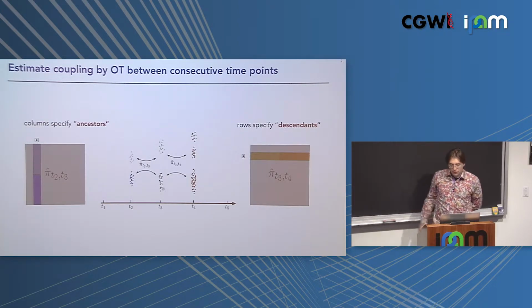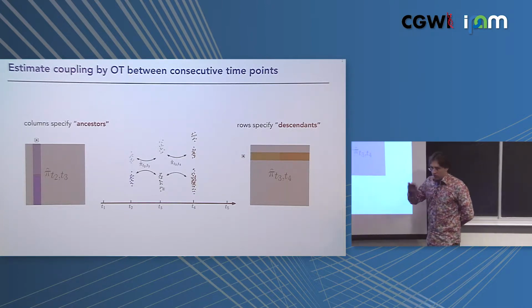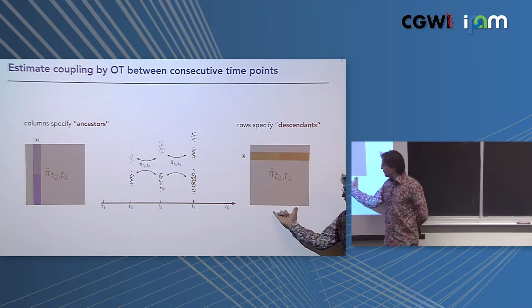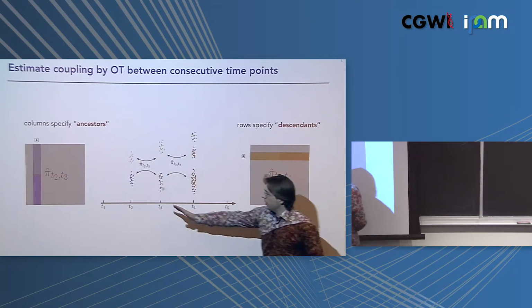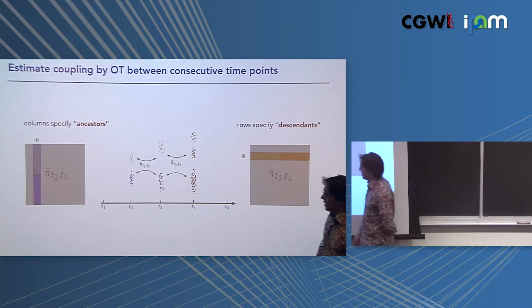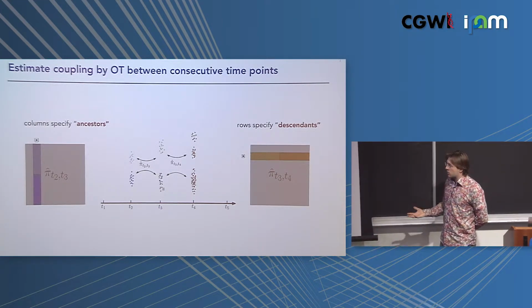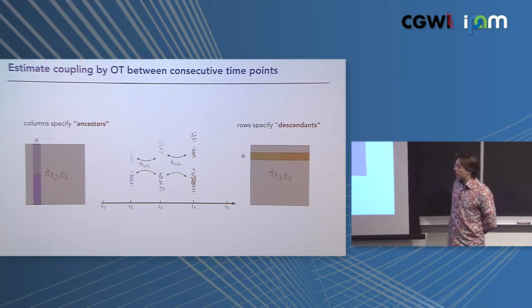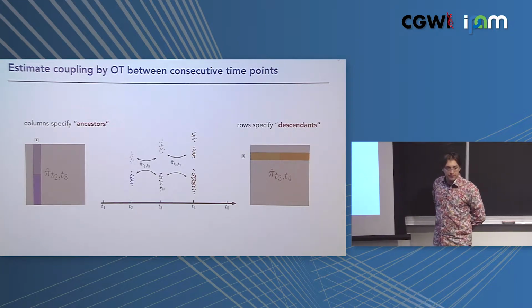Now, given finitely many cells, these integrals are all sums. And the optimization variable is a matrix. So when we're transporting the blue cells to the green cells from time t2 to t3, we would solve for a transport map, which would be a matrix where there would be a row for every cell at time t2 and a column for every cell at time t3.